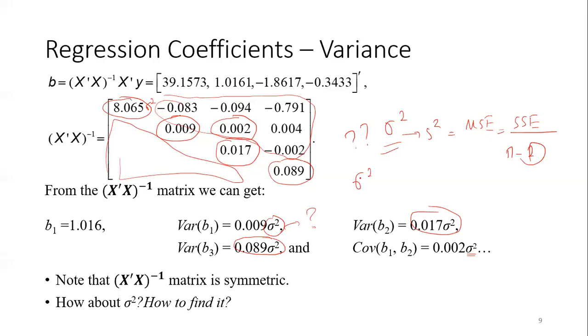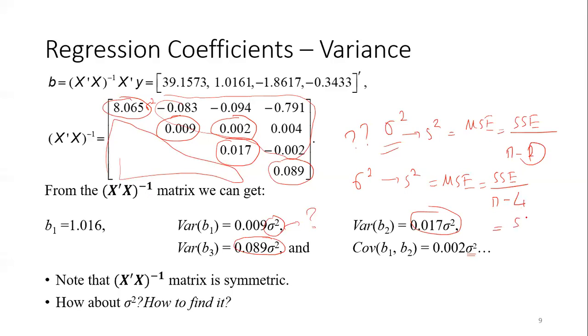The estimate for sigma square is again s squared. This will again be MSE, which is SSE divided by, now, not n minus 2, but n minus how many parameters we estimate: beta 0, beta 1, beta 2, and beta 3. So you have 4 betas, so this is n minus 4.